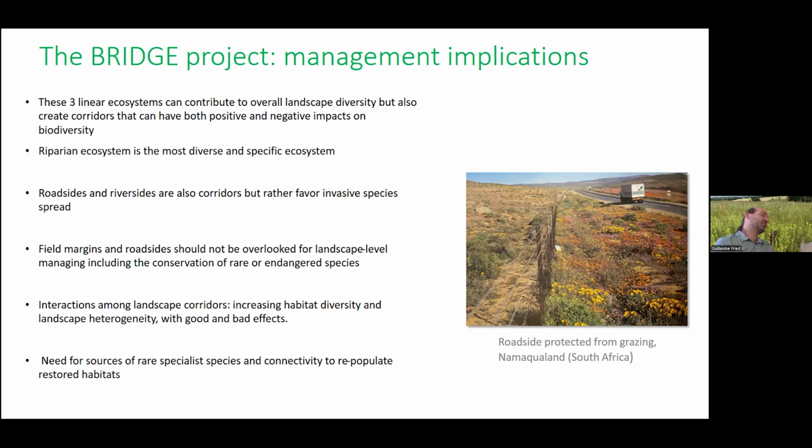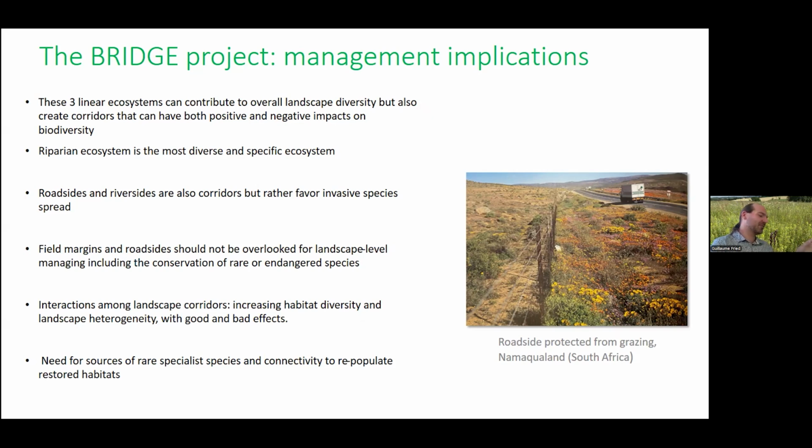Roadsides and riversides both serve as corridors, and we have seen they tend to facilitate the spread of invasive species more than field margins. And importantly, field margins and roadsides should not be overlooked in landscape management, particularly for the conservation of endangered species.